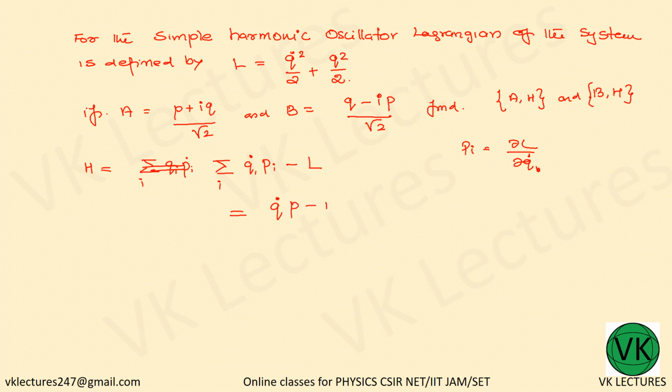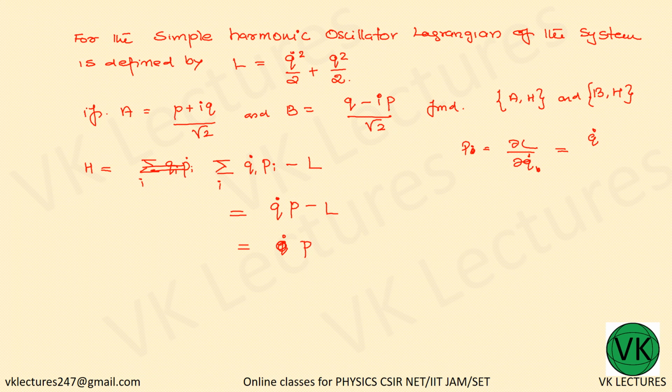So p is equal to dou L by dou q dot, that is equal to q dot. So now we know that p equals q dot, and this gives us q dot into p, so q dot equal to p, that becomes p squared minus L. What is L?